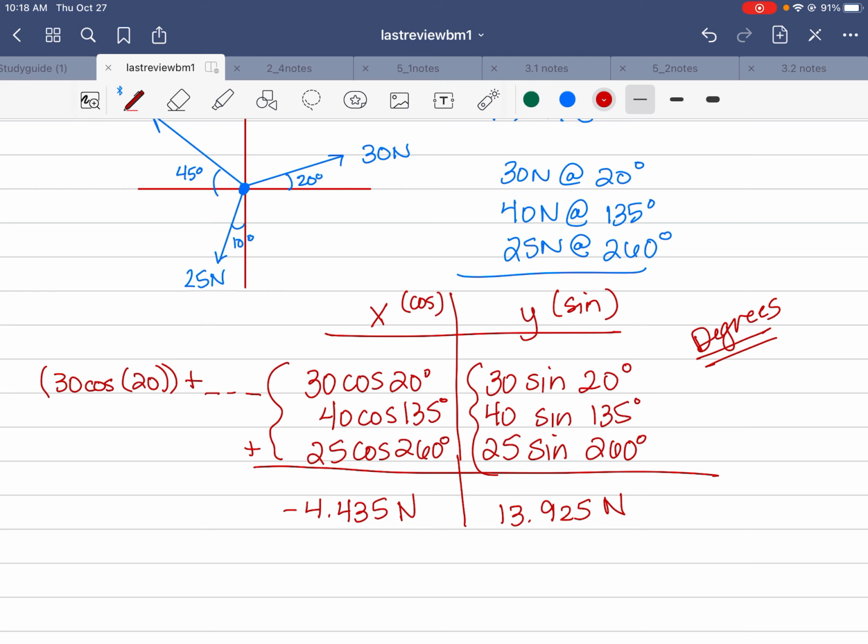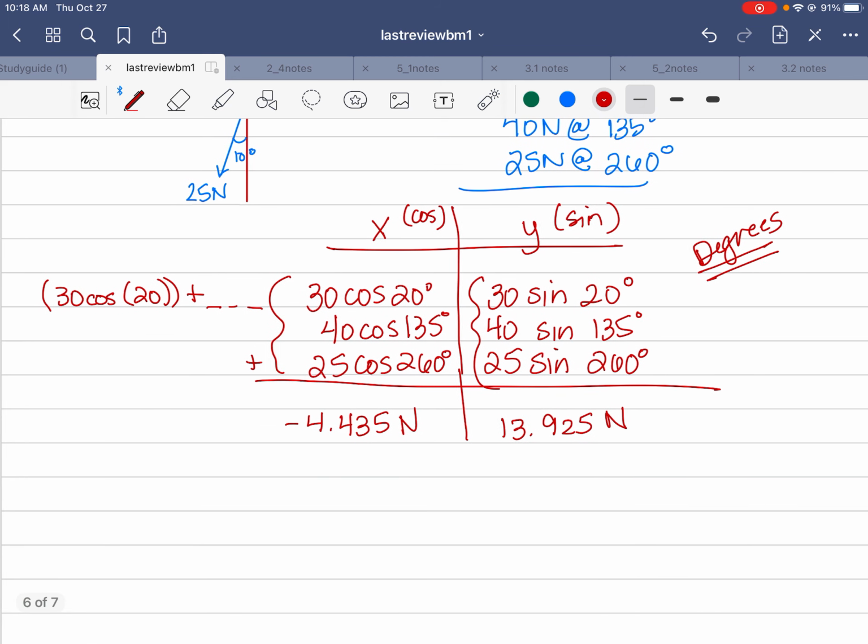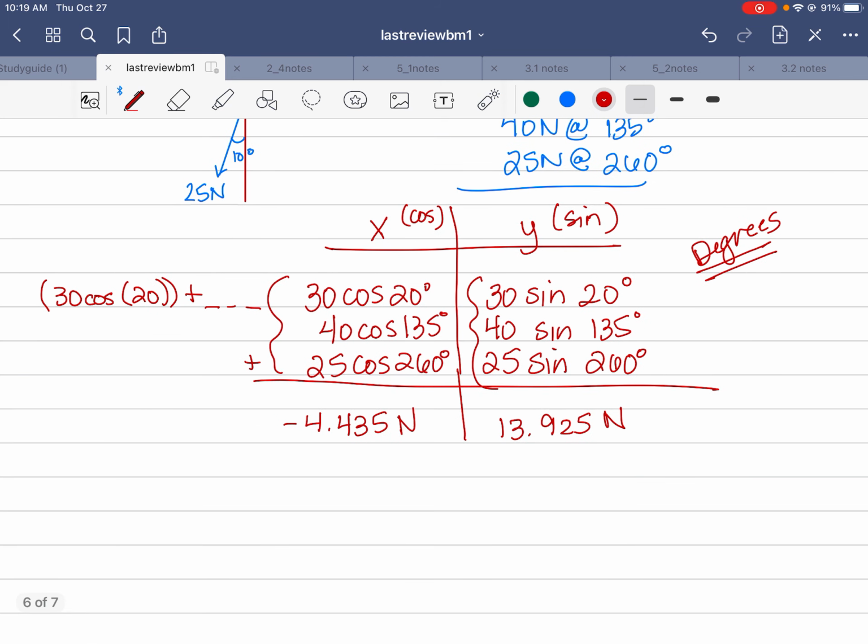And when I add up all my y's, I get 13.925 newtons. And then finding my resultant is really just closing off the hypotenuse of that triangle. I have my x value and I have my y value. So my resultant is going to use my distance formula. So that's going to be the square root of x squared plus y squared.